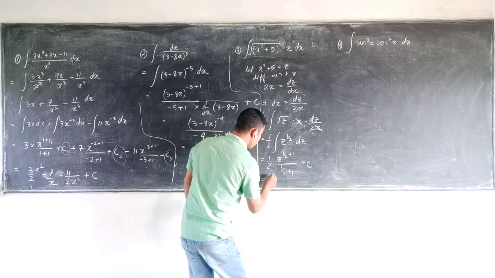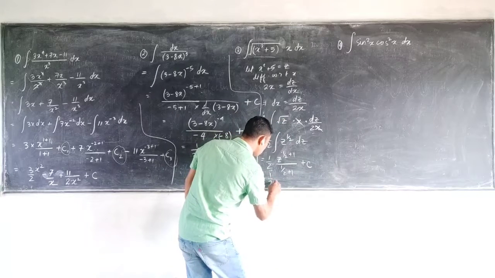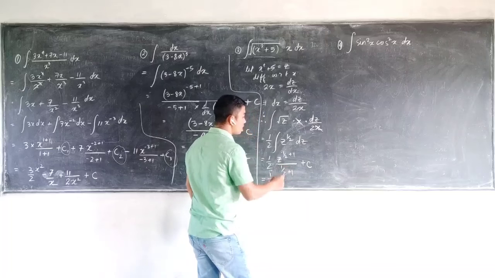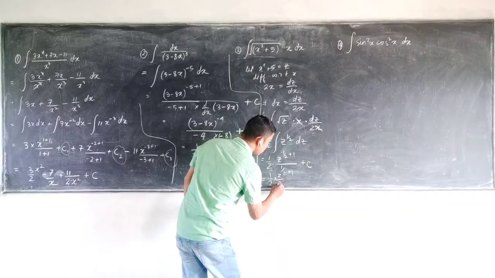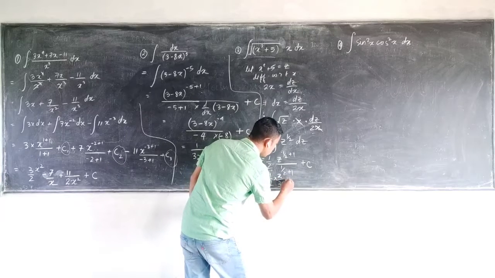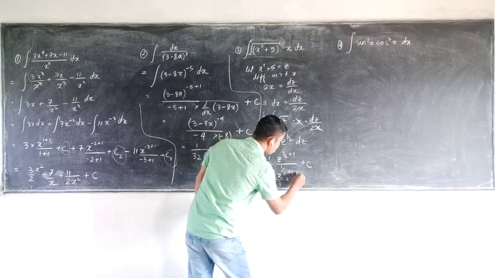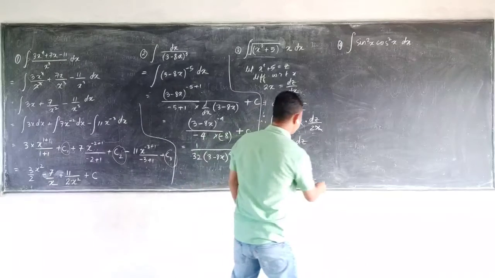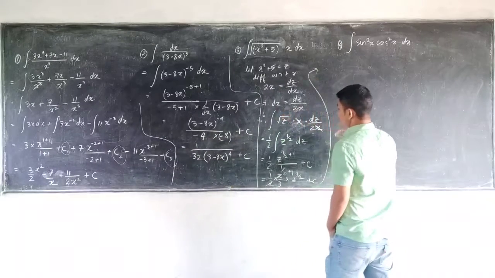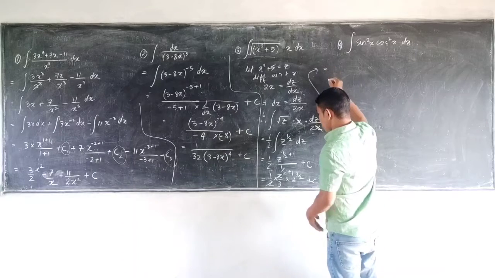So I'll get 1 by 2 into, now half plus 1 is 3 by 2, so I can write this as 2 by 3 into z to the power 3 by 2 plus c. So these 2 and 2 get cancelled. Okay, and then what will I get? What is remaining?